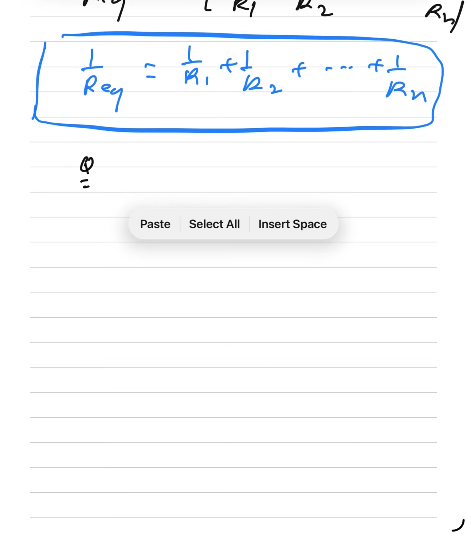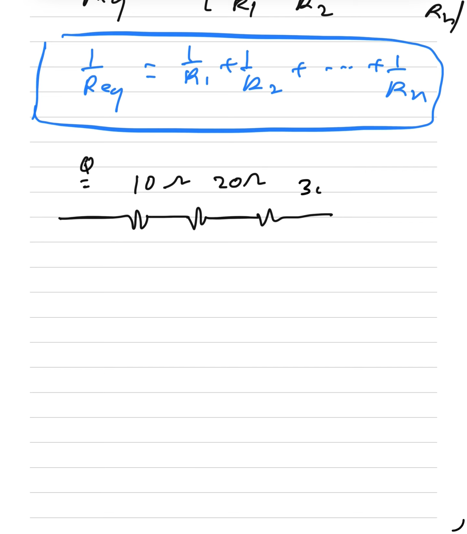Question. Suppose that three resistances of 10 ohm, 20 ohm, 30 ohm are connected in series, connected to a battery of 100 volt.